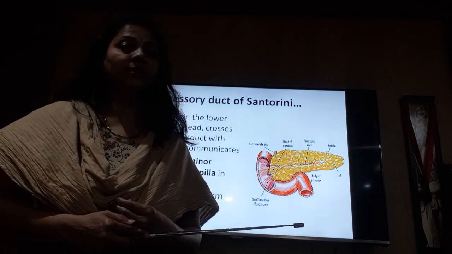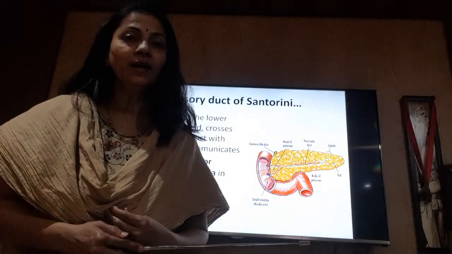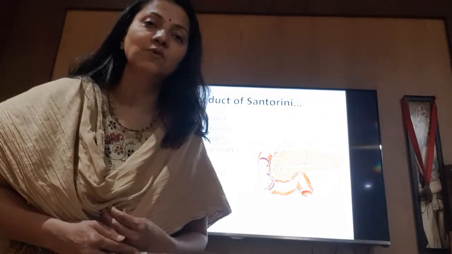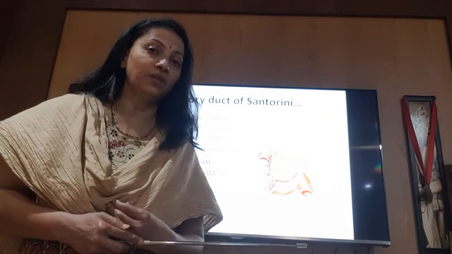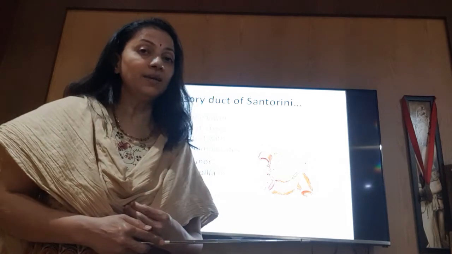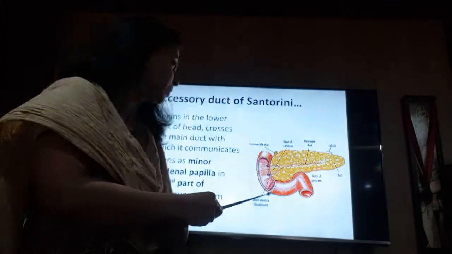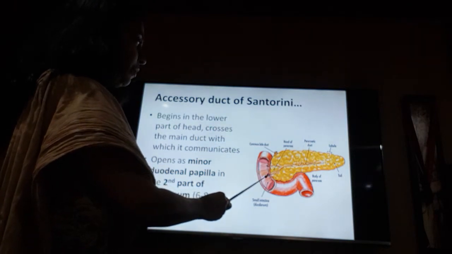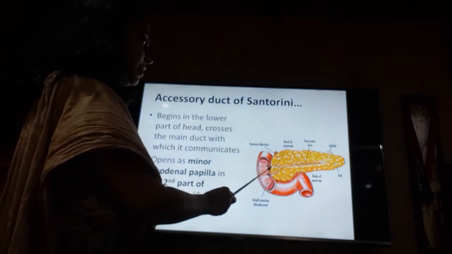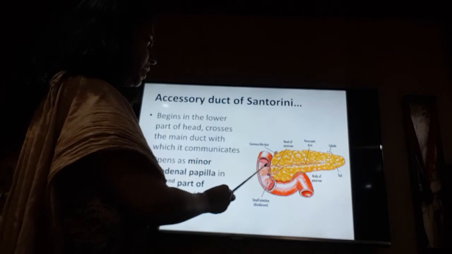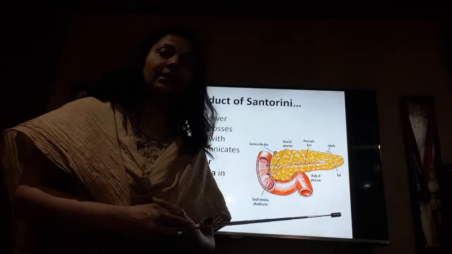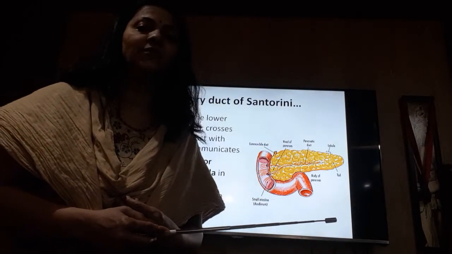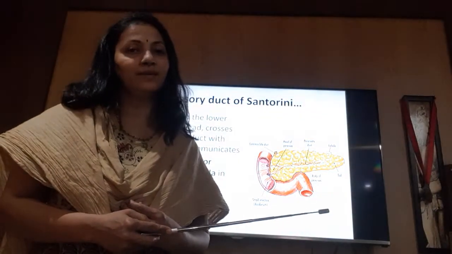And what was the distance of major duodenal papilla? 8 to 10 centimeters from pyloric end of stomach, right? And this has to be 2 centimeter before that, because this accessory duct is opening before the major duodenal papilla, isn't it? Before the main duct. So this is lying 6 to 8 centimeters from the pyloric end of stomach.